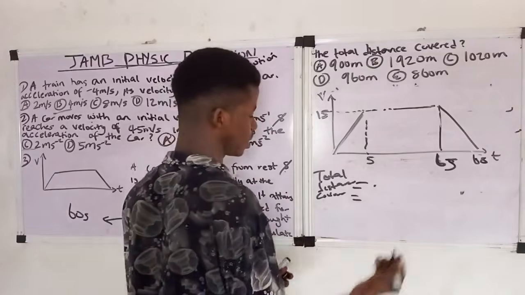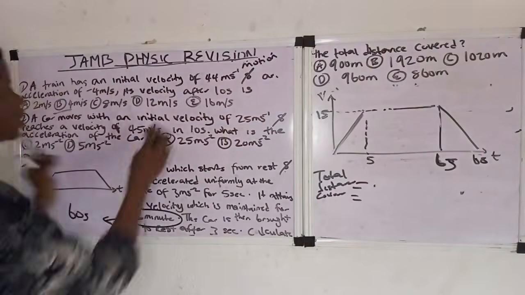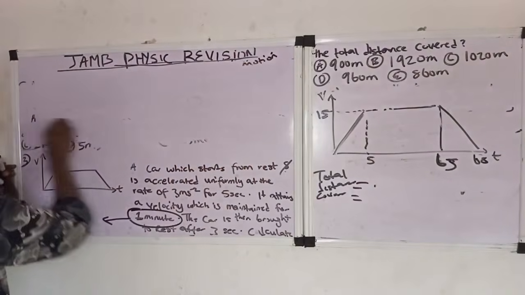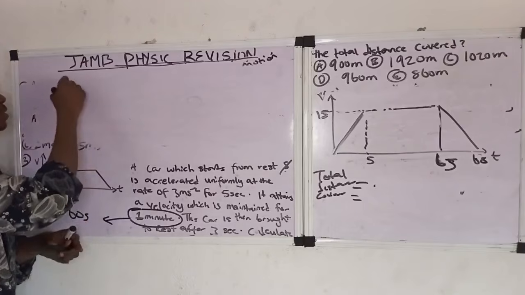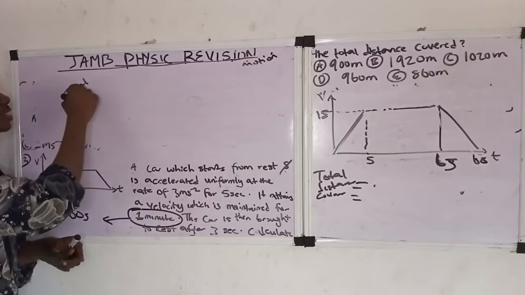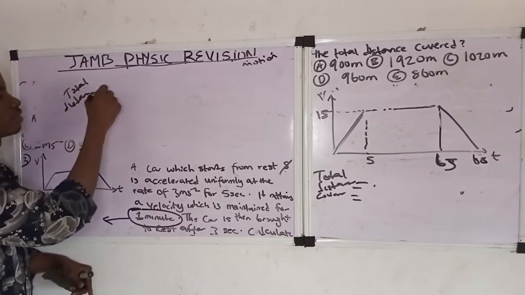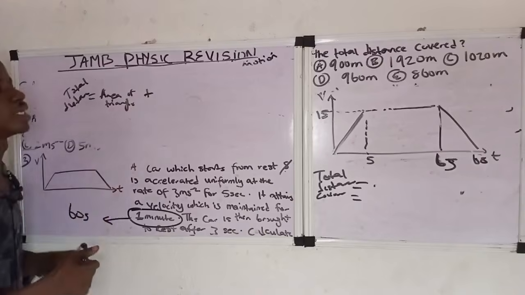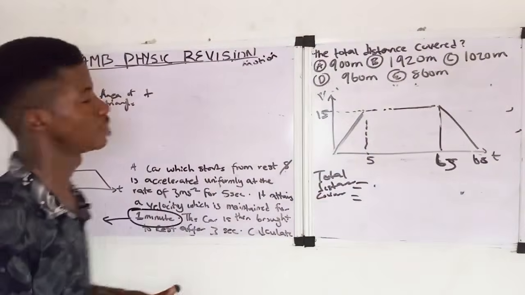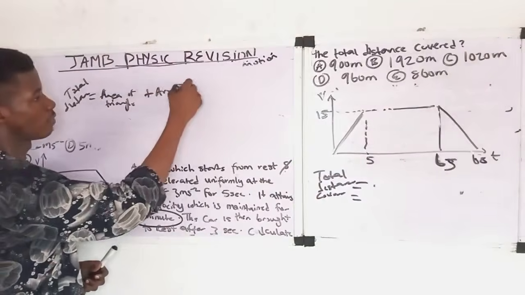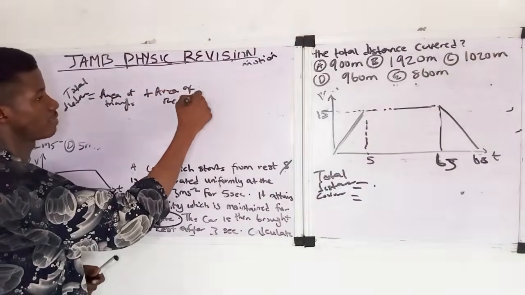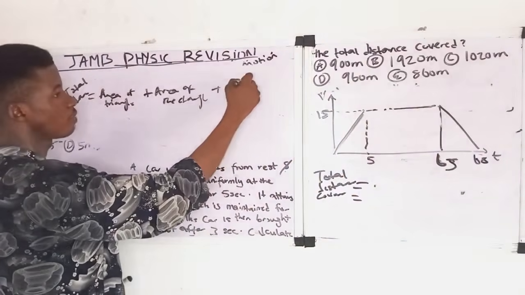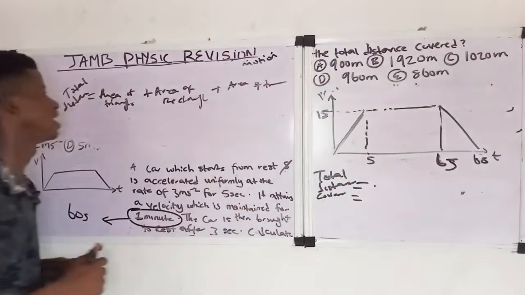So the total distance covered equals the area of a triangle, then plus the area of a rectangle, then plus the area of a triangle, right?